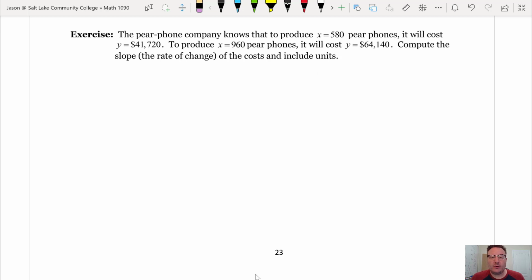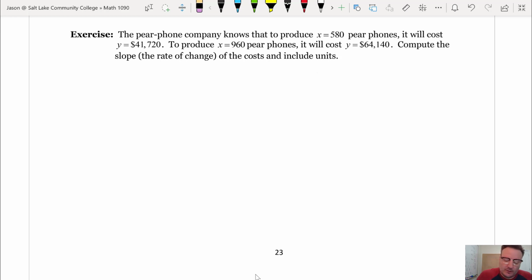Okay, so what we're doing is we're relating x to y, or quantity to cost. So we're finding the slope of a linear cost function. So we're given 2 data points that lie on the line, on the graph of the cost function.